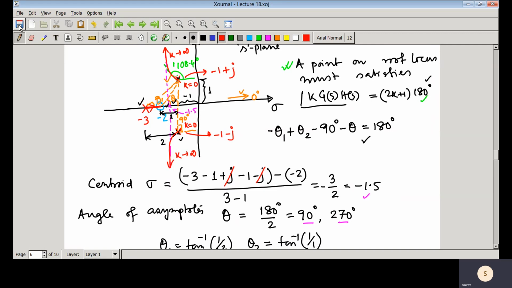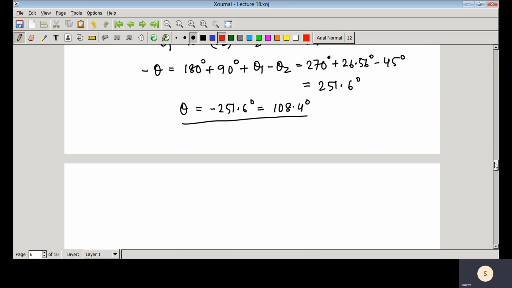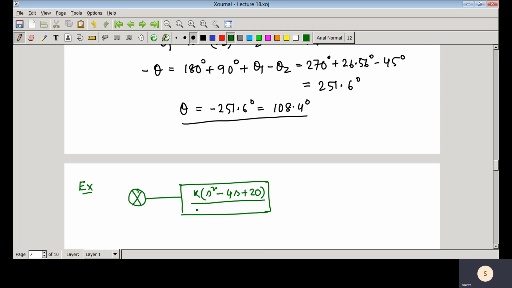So if we take one more example, suppose we have a closed loop system, and the open loop transfer function is given like this, that is k of s squared minus 4s plus 20, over s plus 2, s plus 4.